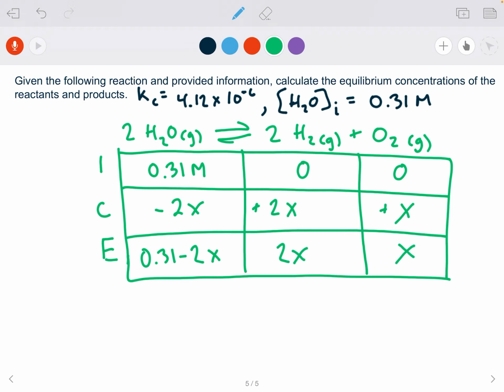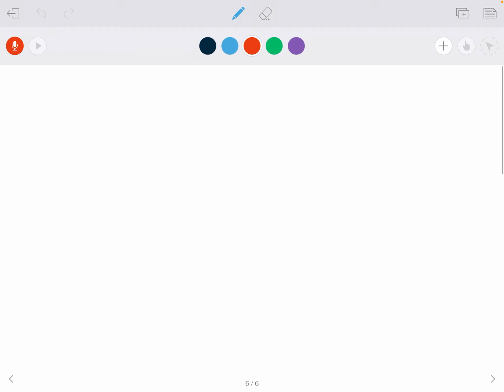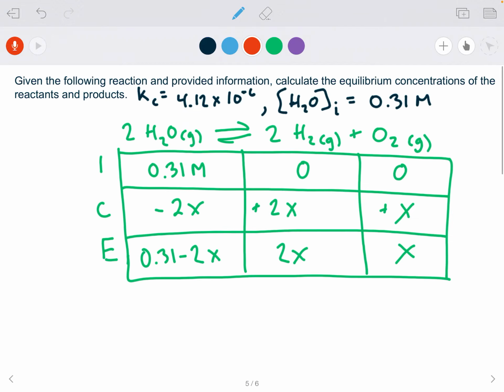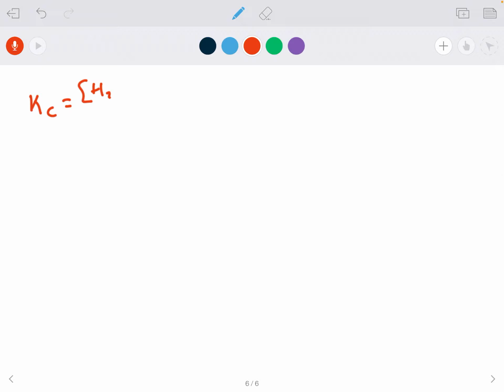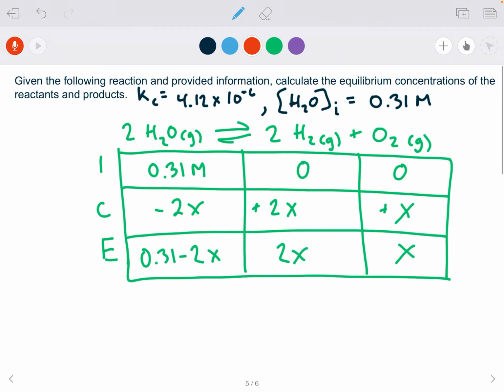Because I have Kc, I can plug into the equilibrium constant equation to solve for x. And I'll move over to the next page to do that. So this Kc is going to equal the concentration of H2 squared times the concentration of O2 over the concentration of H2O squared.